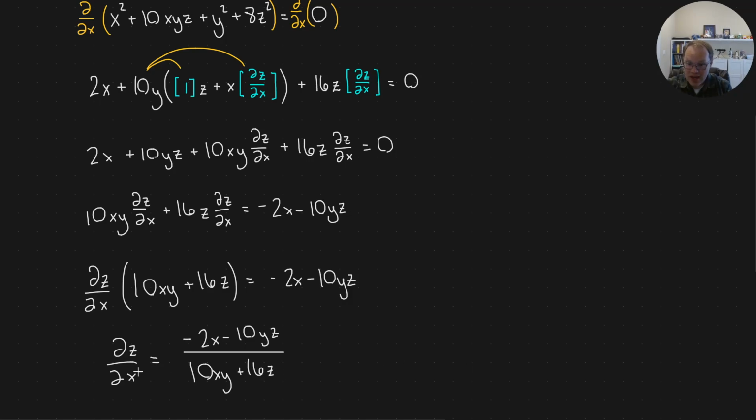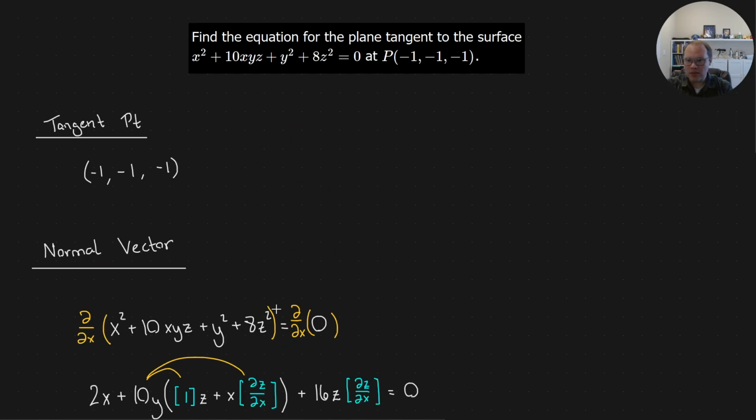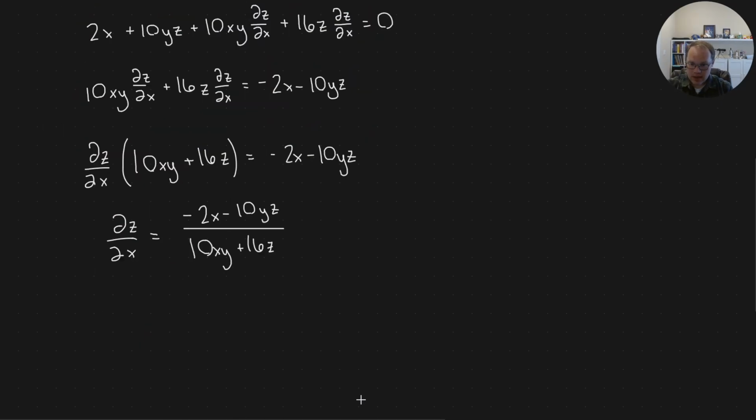Okay, so that tells me for this surface how z changes in the x direction. Now what I want to do is find how it changes at the particular point negative 1, negative 1, negative 1.